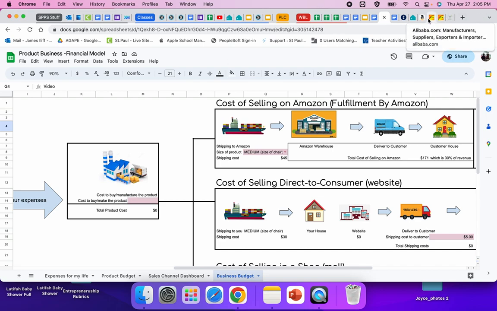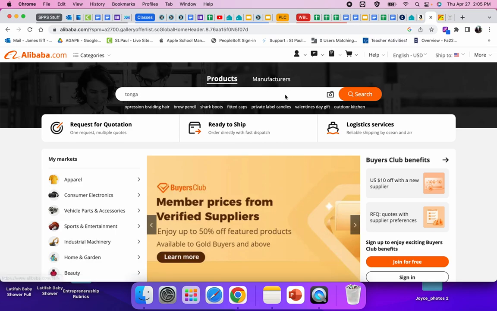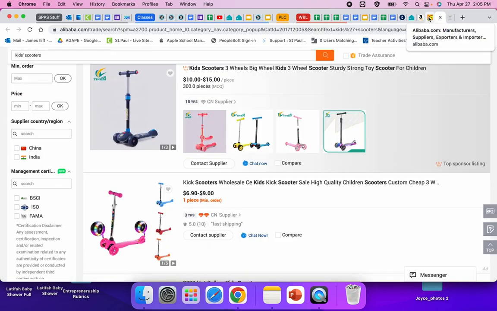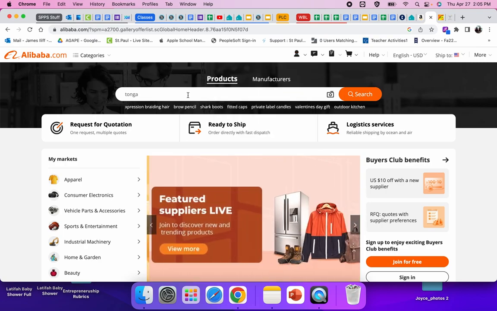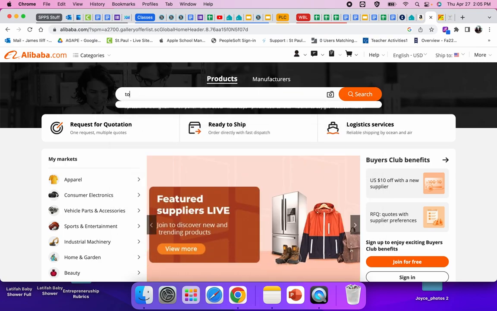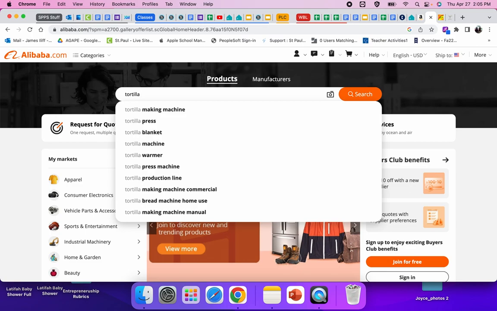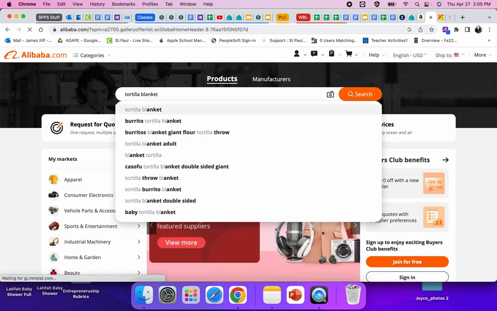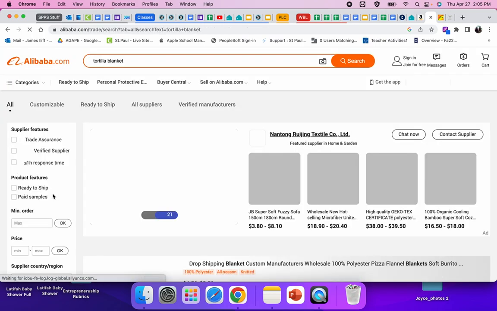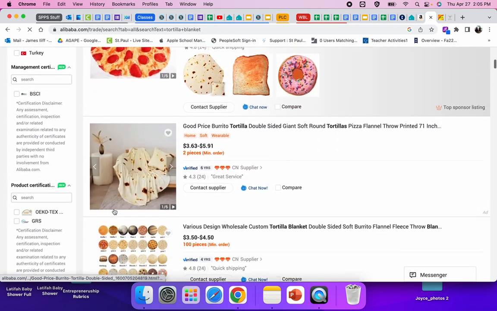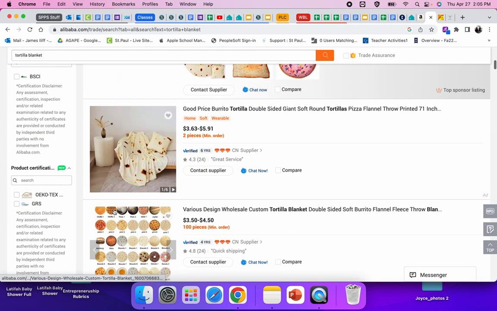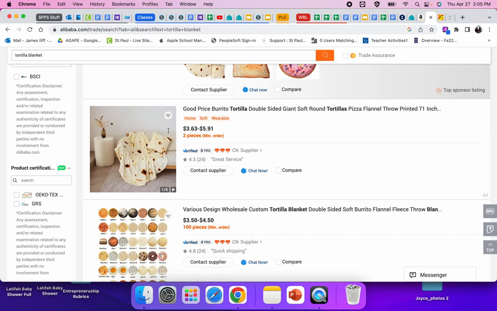So out on Alibaba, let's go look up tortilla blankets. I'm going to come to Alibaba and say tortilla blankets. You're going to do a thorough search of this; I'm just going to do a quick search. But look, here's a company that manufactures, so they make these blankets.